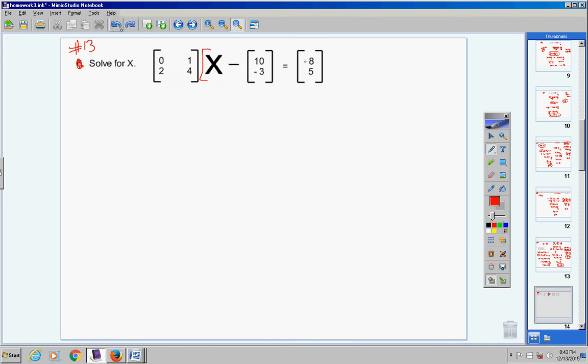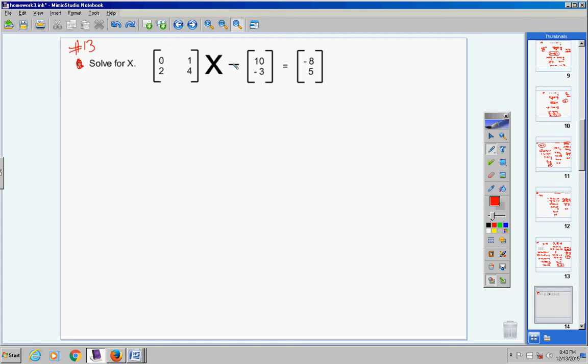Okay, so here's what you have to do if you want to write down steps. First of all, you must isolate the matrix that is the coefficient of the x. In other words, you must get the x and its matrix all by itself.